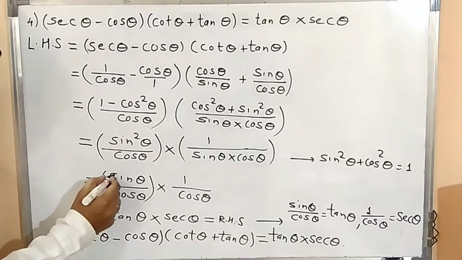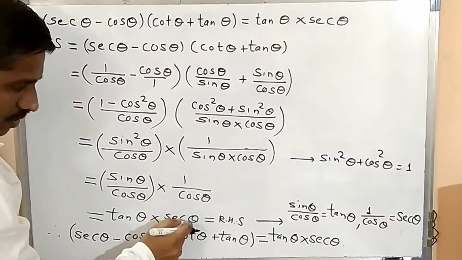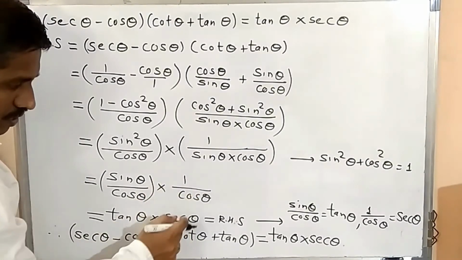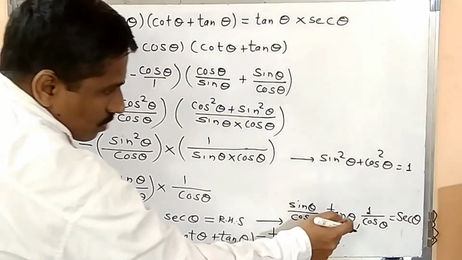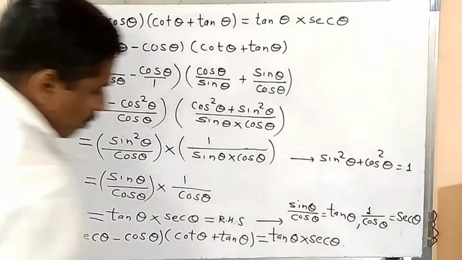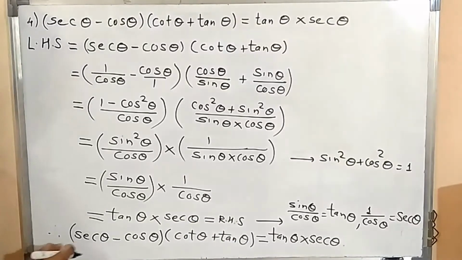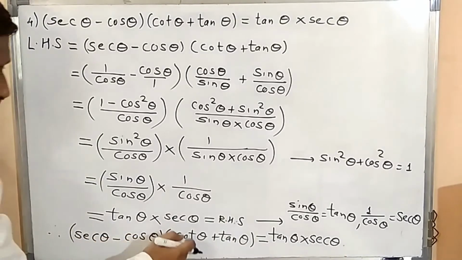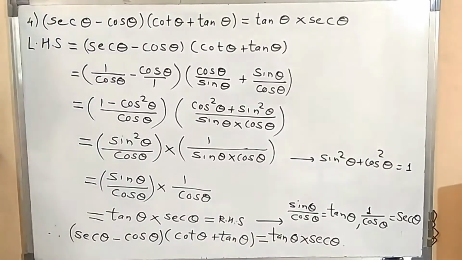Then this sin theta upon cos theta is tan theta, and 1 upon cos theta is equal to sec theta. Sin upon cos is equal to tan, 1 upon cos is equal to sec. That is equal to RHS, and thus what we have proved, sec theta minus cos theta bracket, second bracket, cot theta plus tan theta is equal to tan theta into sec theta.